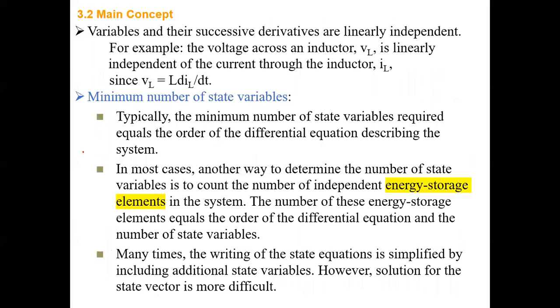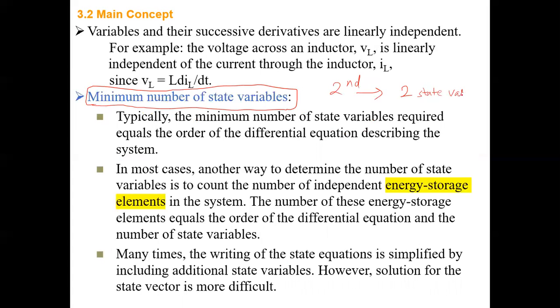Now, we have to have the minimum number of state variables. You cannot have less than the minimum, otherwise you cannot describe your system. Suppose you have a second order differential equation, you have to have at least 2 state variables.